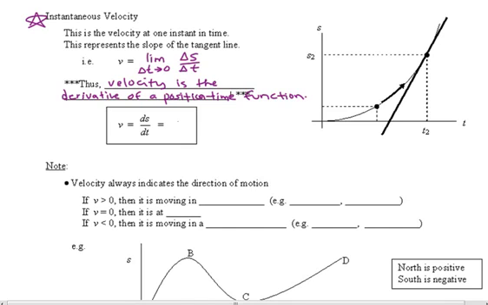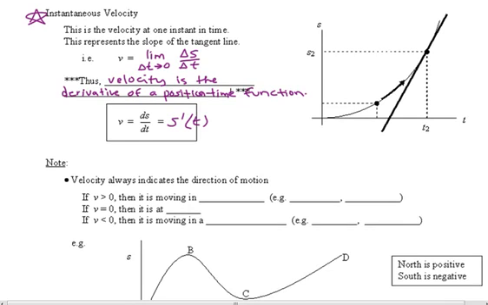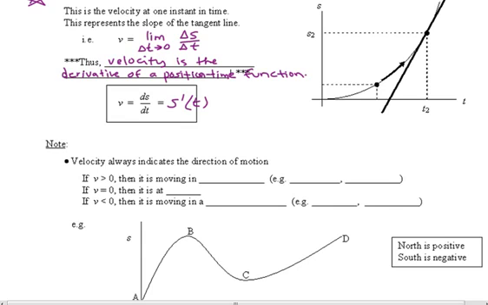So our S prime of t is our velocity. The derivative of our speed or position time function will give us our instantaneous velocity. So velocity always indicates the direction of motion.